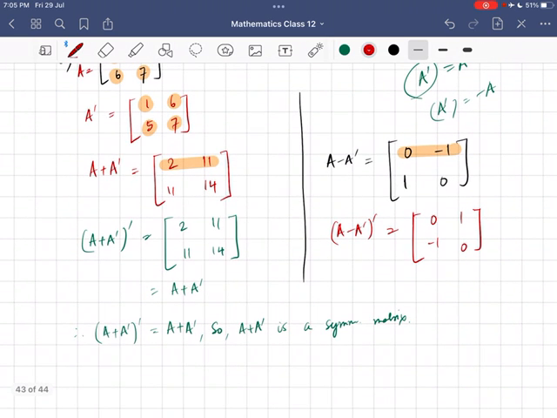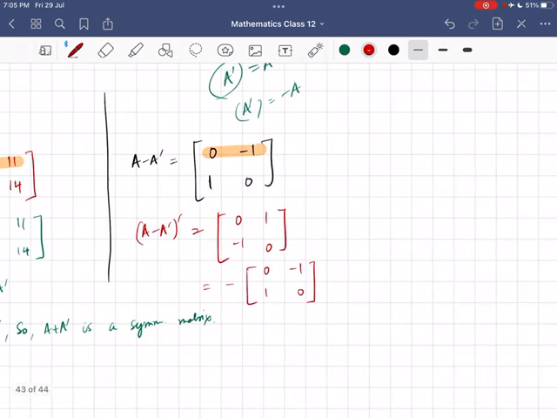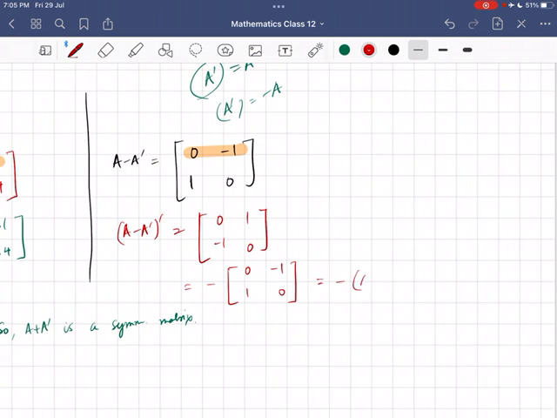So what we're going to do is take a minus common. So we have 0, minus 1, 1, 0. Now it is nothing but minus of A minus A transpose. So this proves that the given matrix A minus A transpose represents the skew symmetric matrix.